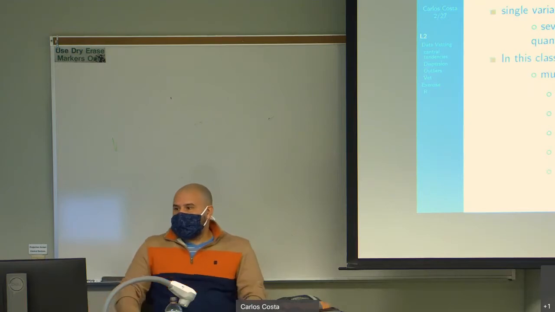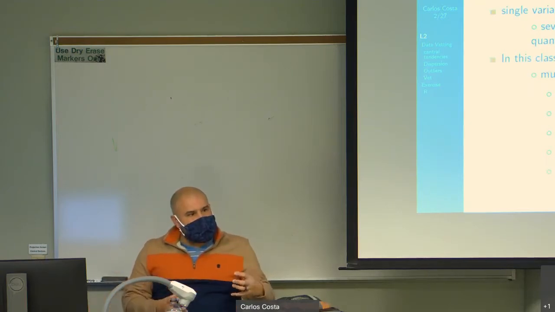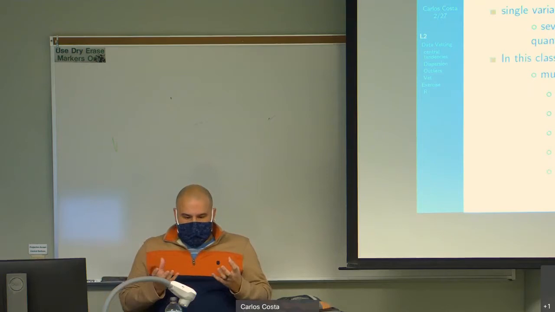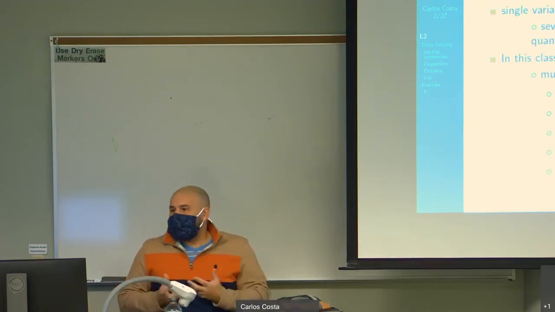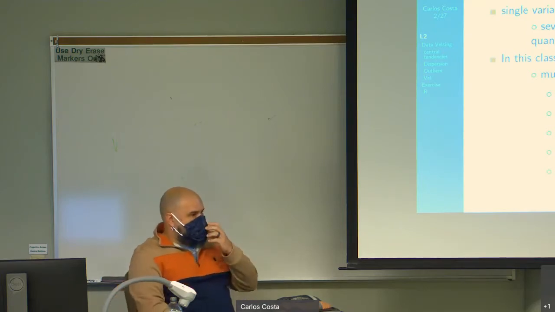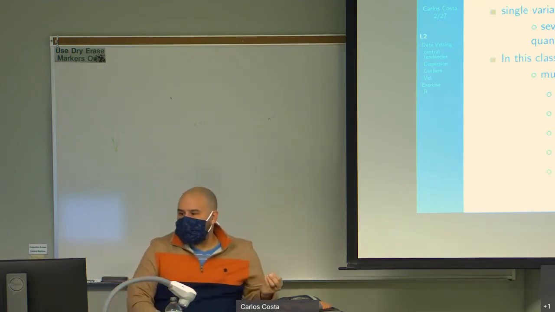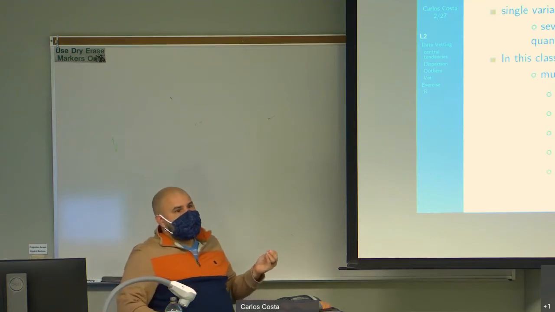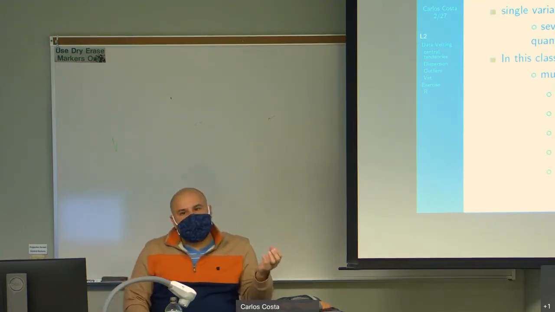A data set, for the purposes of this class, is one or a series of variables. What do I mean by that? If I want to quantify the notion of happiness, then happiness is our variable.